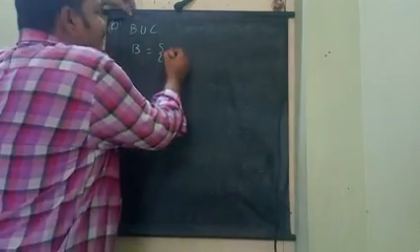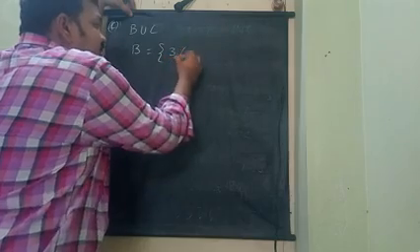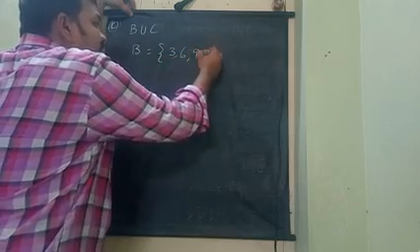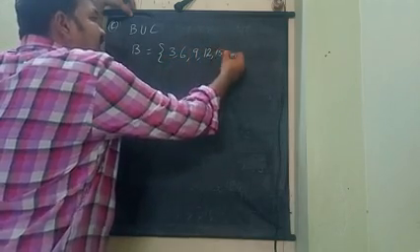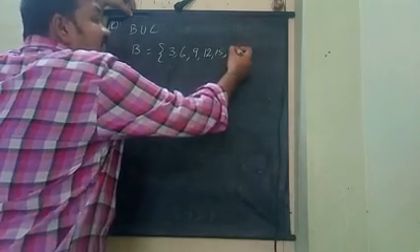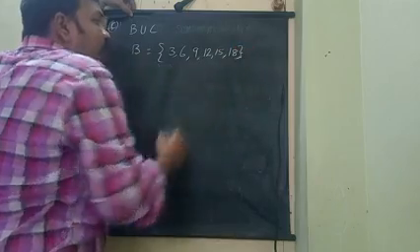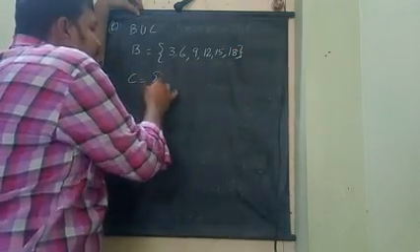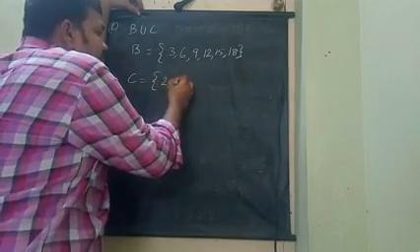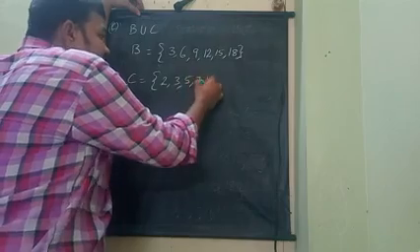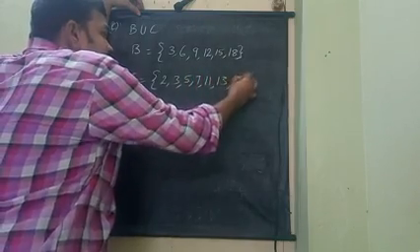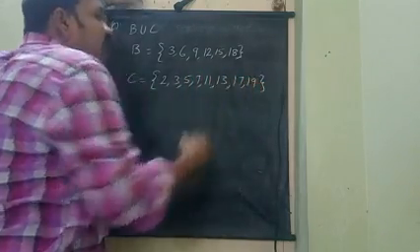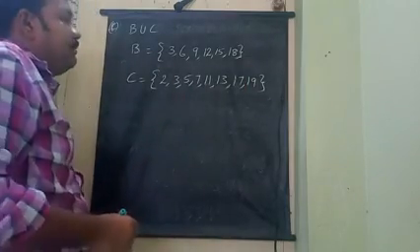I am writing the 3 table. 3 1s are 3, 3 2s are 6, 3 3s are 9, 3 4s are 12, 3 5s are 15, 3 6s are 18, 3 7s are 21, which is more. So up to 20 only we have to take. So stop at 18. C is prime numbers up to 20: 2, 3, 5, 7, 11, 13, 17, 19. These are the prime numbers below 20.